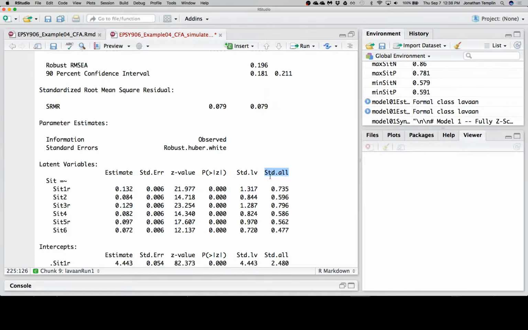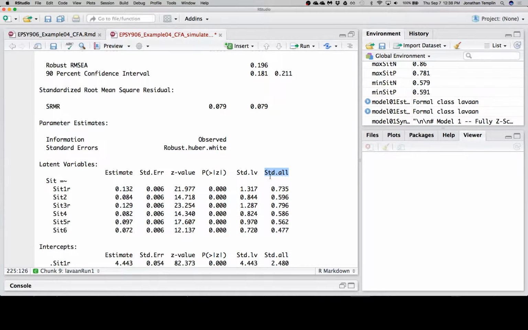Have you run this on your computers? Anybody? Miami, you ran this on your computer, right? Do you have the version that doesn't have the 100 factor variance on your computer right now? Okay. Here, let's do this. The standardized loading, 0.735. Remember that number, 0.735.